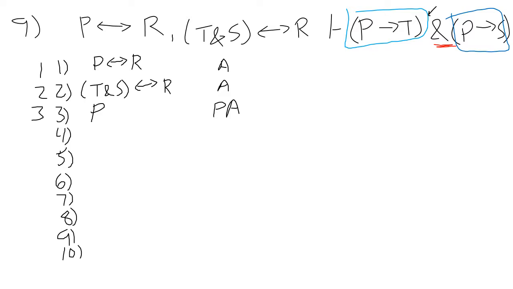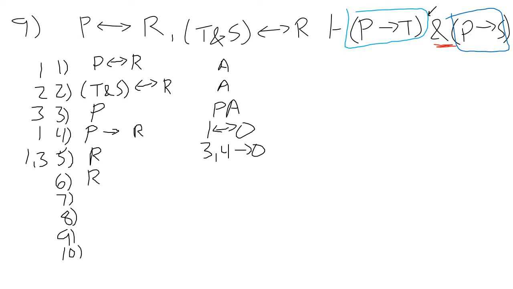So, what can we do with P? Well, we can eliminate the biconditional in 1, and then we can take the P that we've got there, get the R out, so that's 3, 4, arrow out, 1 and 3.